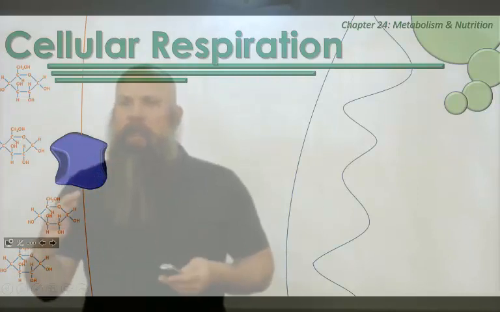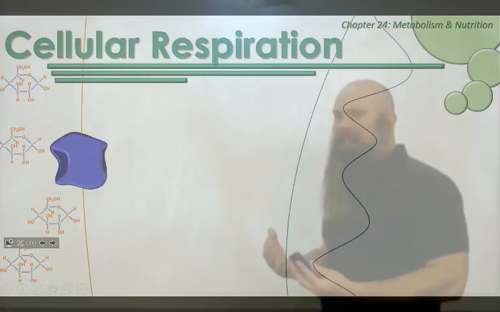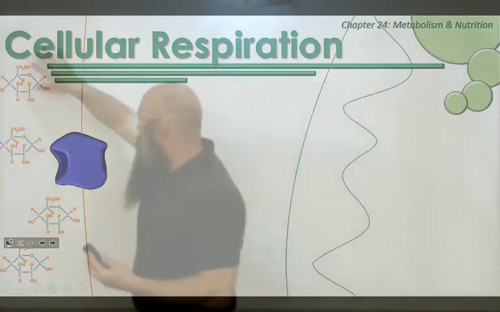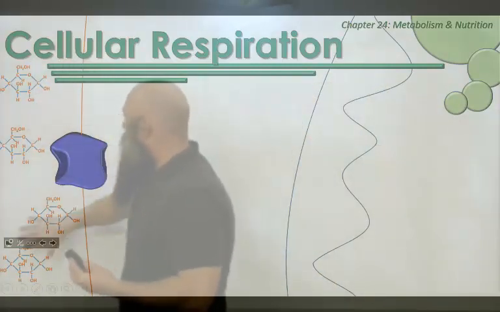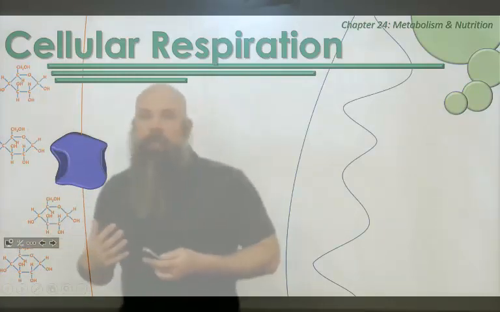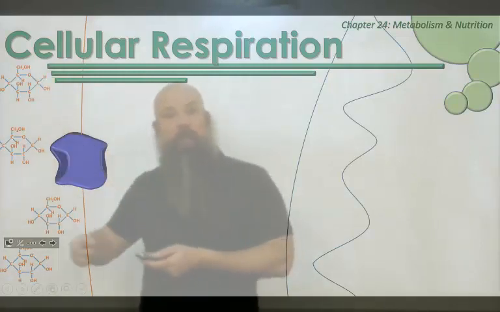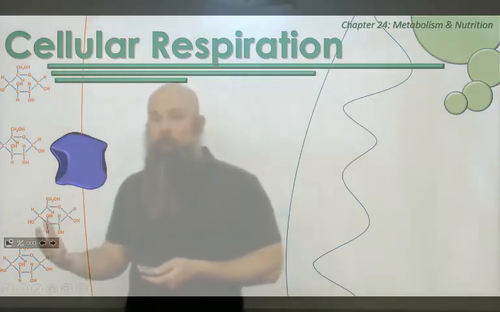But before we get to that, we need to keep in mind that glucose has to get into the cell. It got to the interstitial fluid through the bloodstream, the plasma of the blood. And as long as glucose levels in the blood are higher than glucose levels in the interstitial fluid, glucose is going to diffuse into the interstitial fluid.